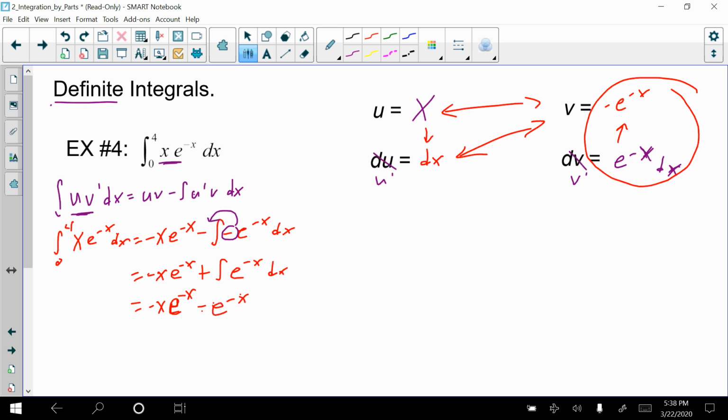If we were doing indefinite integrals like we saw in the first video, we would say plus c and we would be done. But we're doing definite integrals. So now I need to evaluate this expression from 0 to 4, however you want to think of it.